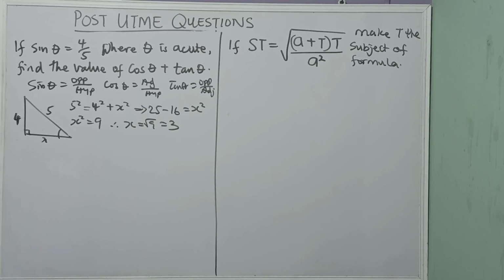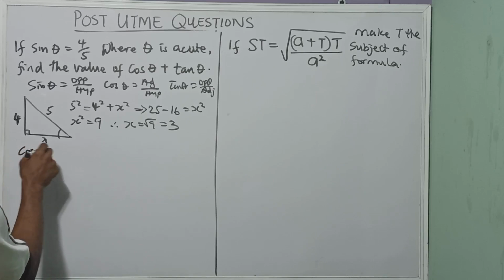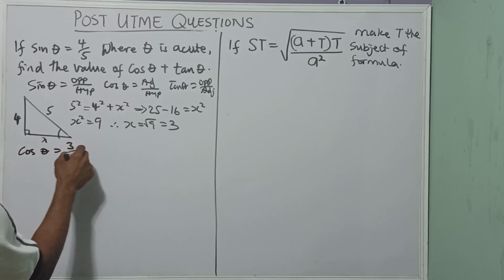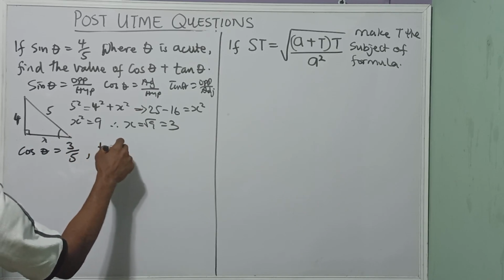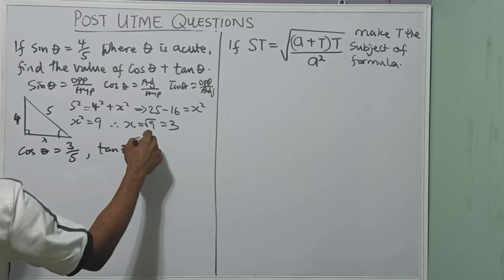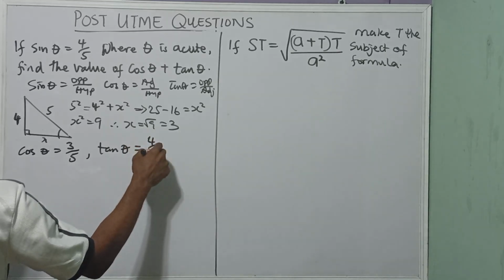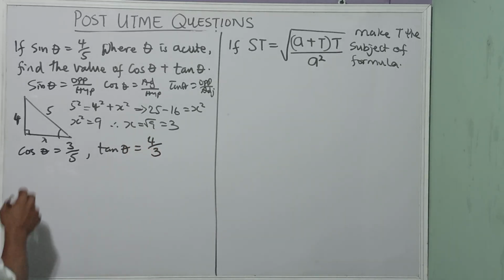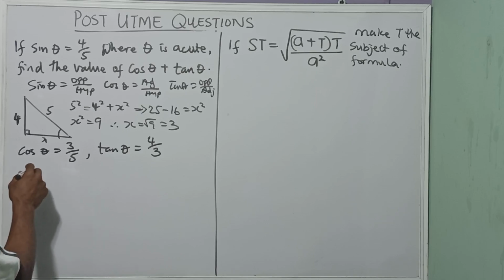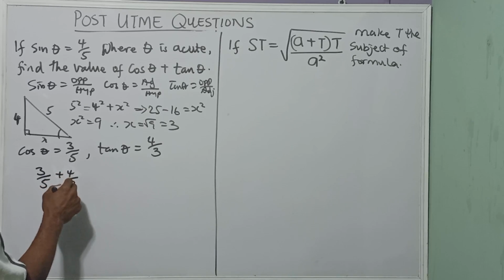Now, knowing that our adjacent is 3, let's get back to cos theta. That means our cos theta would be 3 over 5, while tan theta would be 4 over 3. Now, adding them up, we have 3 over 5 plus 4 over 3.